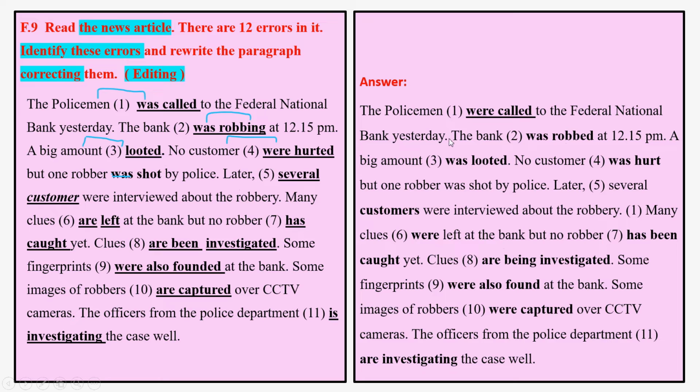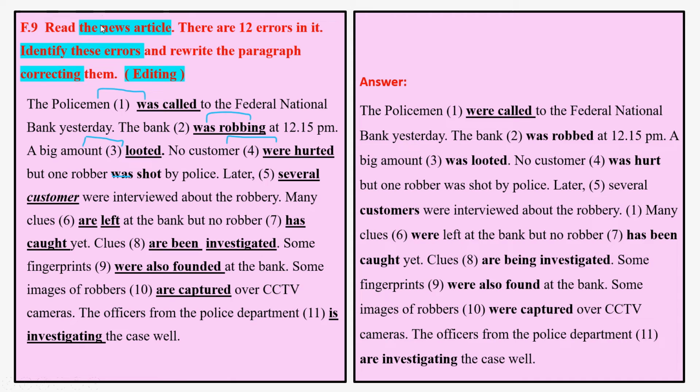You can compare both and understand the language and the real process. Which is the real process, right? The policeman was called to the Federal National Bank. See, this way, the policeman was called to the Federal National Bank yesterday.